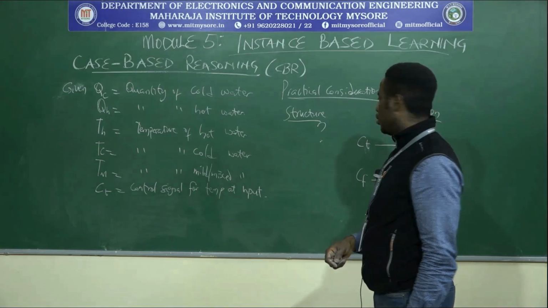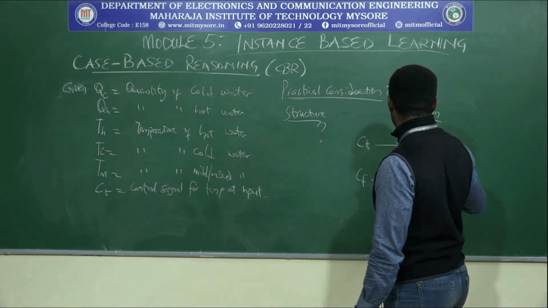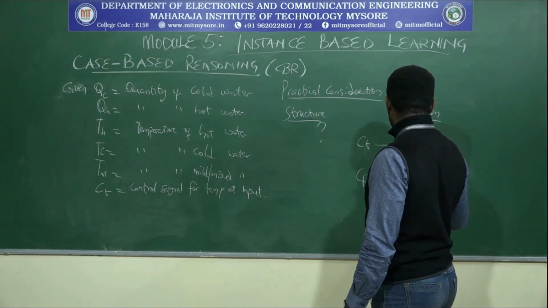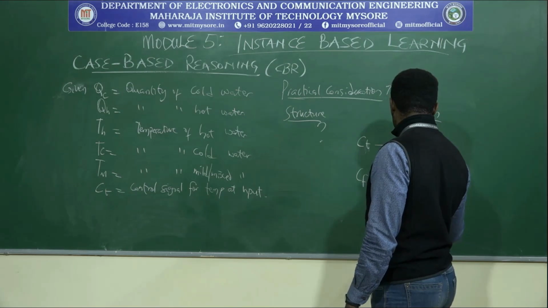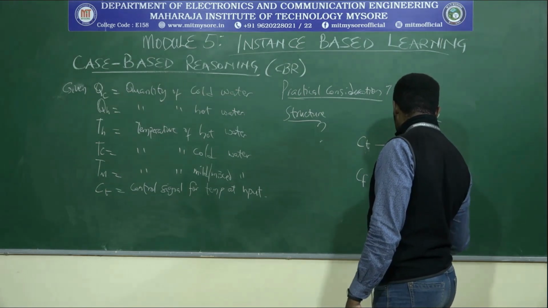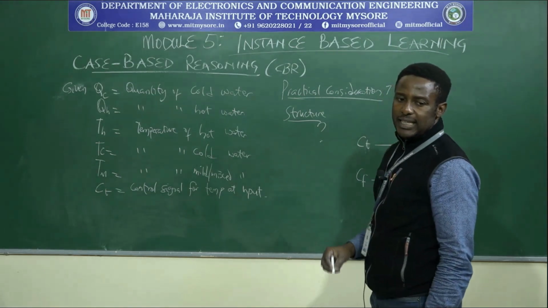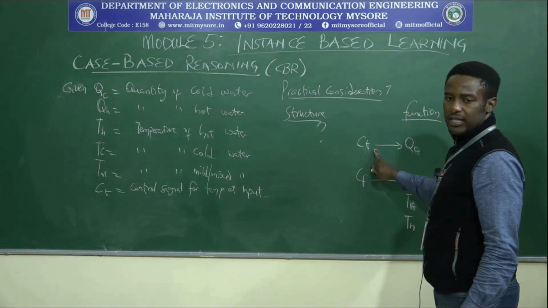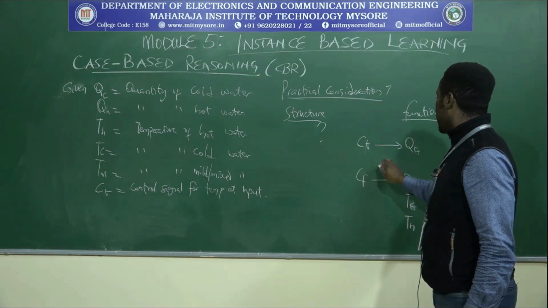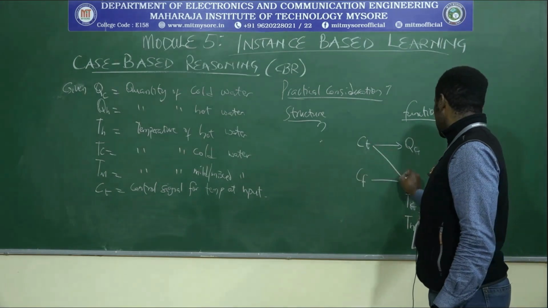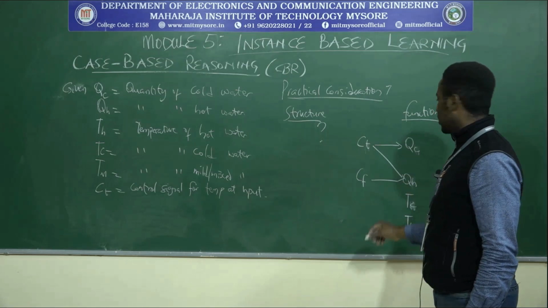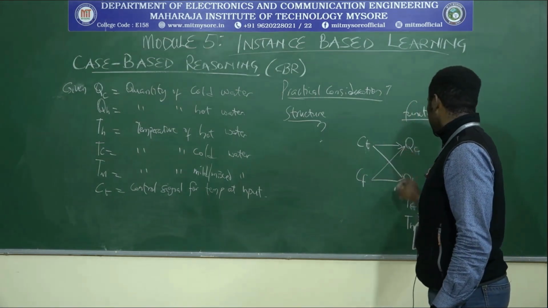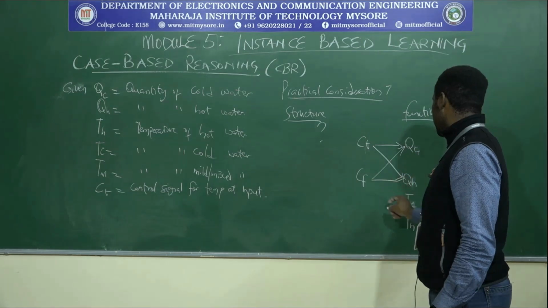So we start with this: quantity of cold first, quantity of hot next, temperature of cold, and temperature of hot. Watch closely: this goes to this, and similarly this control signal also goes to the quantity of hot water. Again, this quantity goes to this, and this goes to that.